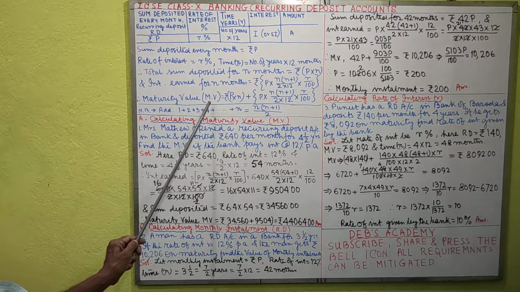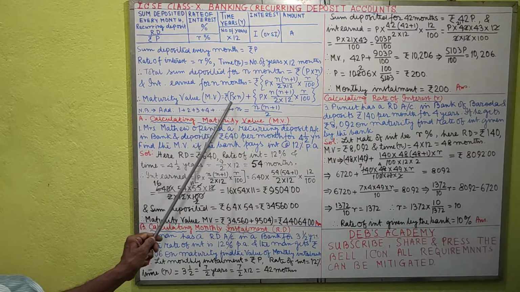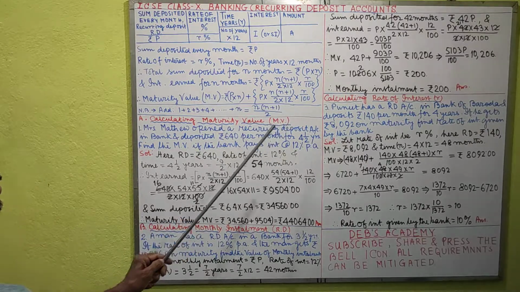Maturity value, termed as MV, equals P into N plus this amount.